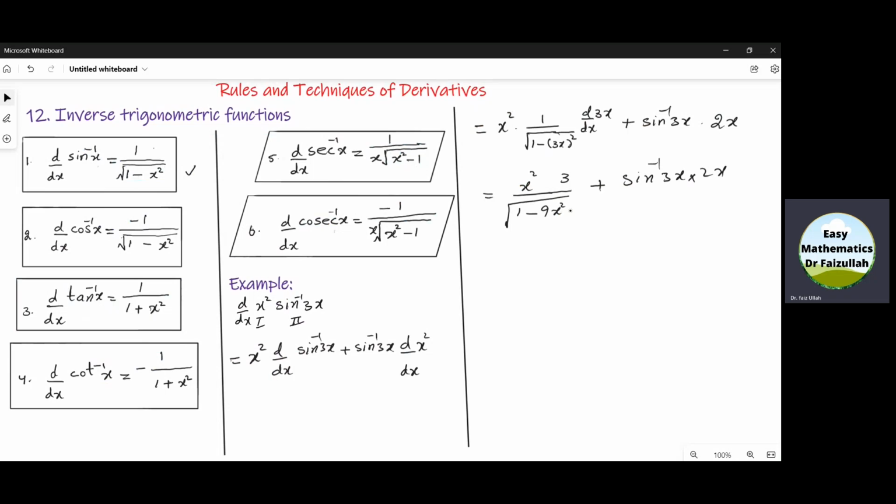So this can be written as 3x square divided by 1 minus 9x square under the root plus 2x into sine inverse 3x, and that is the required solution.